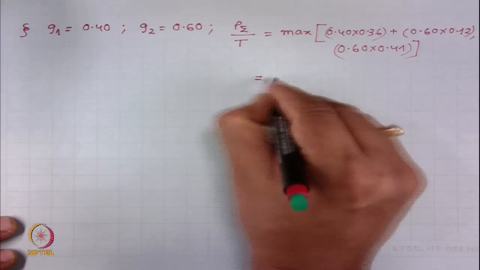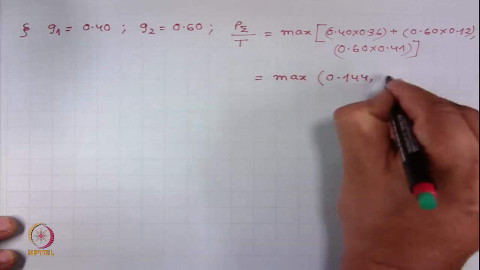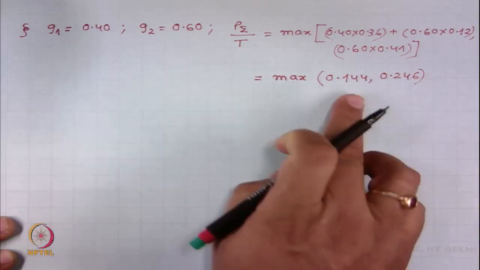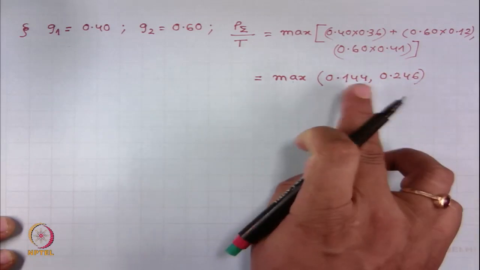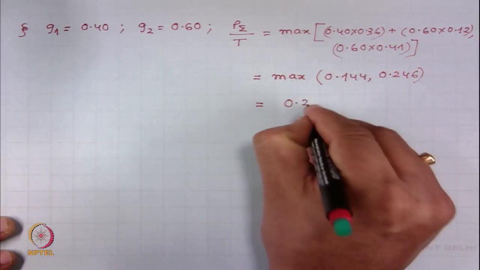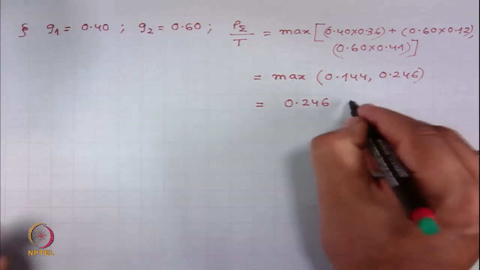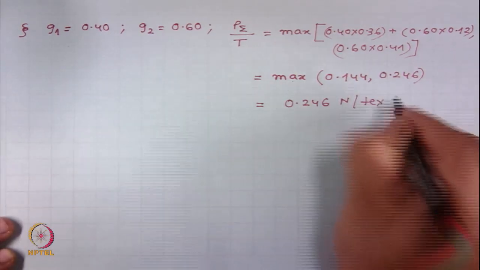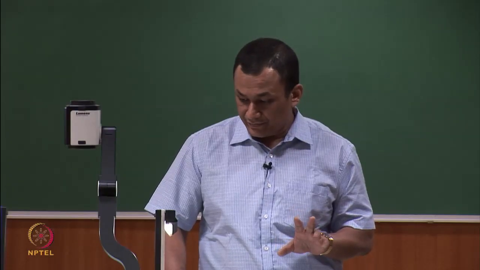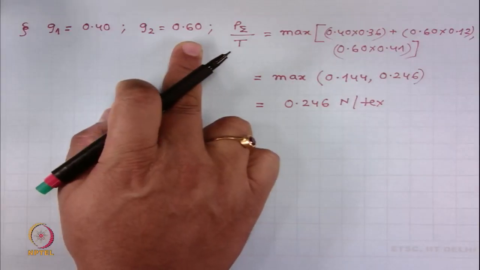So, what will be these two values? Max of 0.144 and 0.246. Look at these values. Now, this value is higher than the other, so the bundle tenacity is 0.246 Newton per tex. So, the minimum bundle tenacity will be obtained when the polyester fiber percentage is between 50 and 60%.